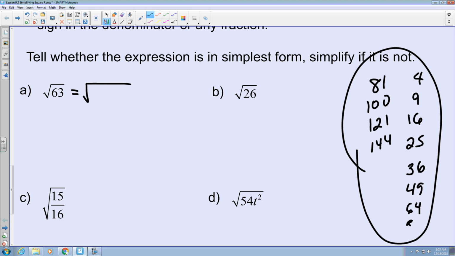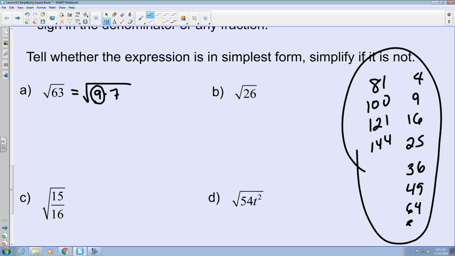So 63 can be written as the product of 9 times 7. There are other ways 63 could be a product, but the only one that makes sense is 9 times 7, because I have a perfect square number with 9.